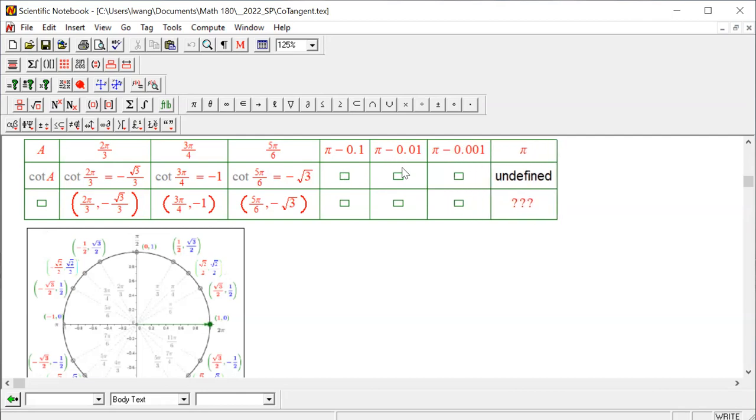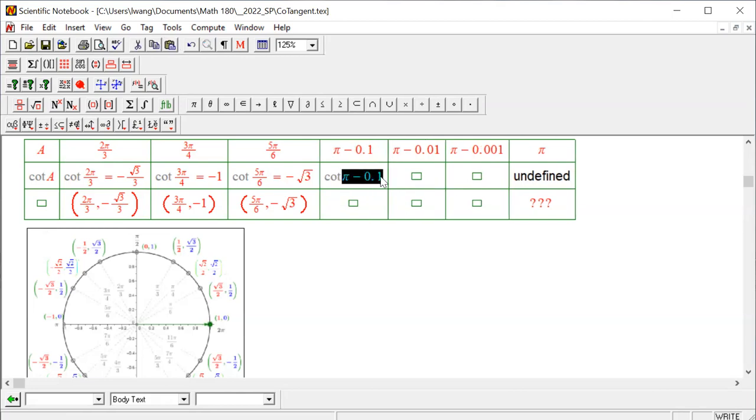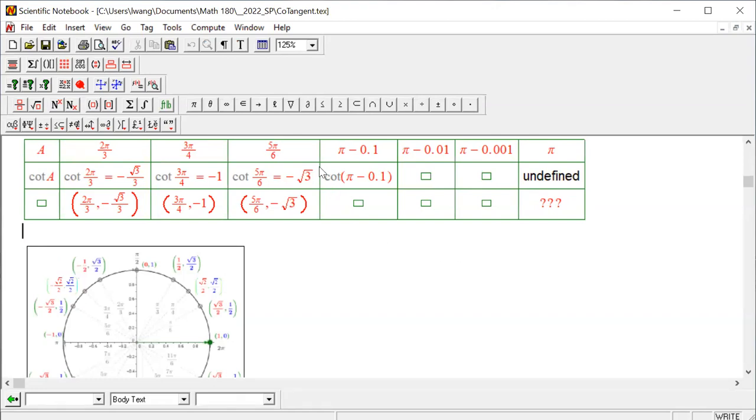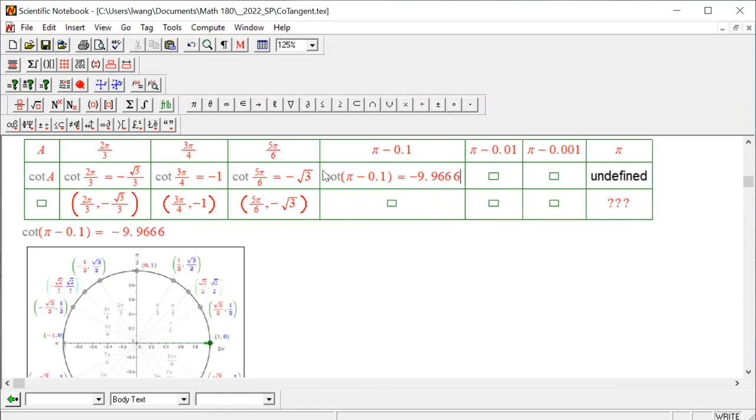We're going to see the cotangent value. And the cotangent of pi minus 0.1, what do we get for that value? Let's see if it calculates for me. It doesn't. I have to do it separately. So this number is going to be negative 9.966.